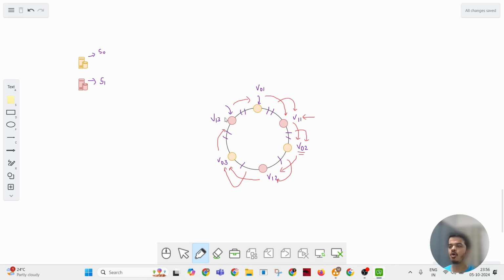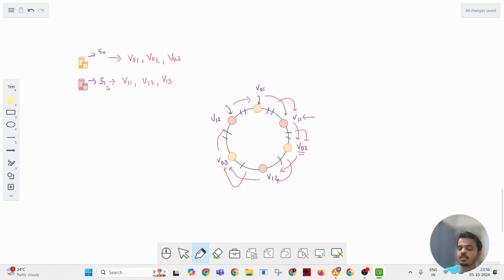All the keys that are mapped to V01, V02, and V03 are actually the keys that are mapped to server S0. And all the keys mapped to V11, V12, and V13 are mapped to server S1.